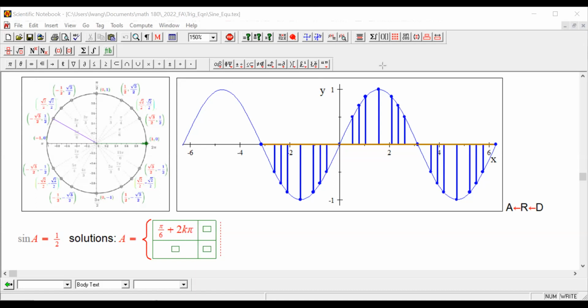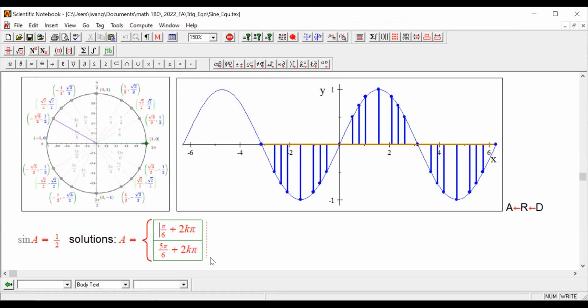The simplest way would be 5 pi over 6. And then once again, you can turn around and round as many times as you wish.